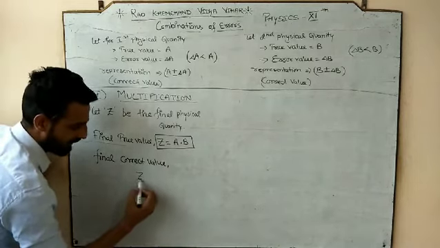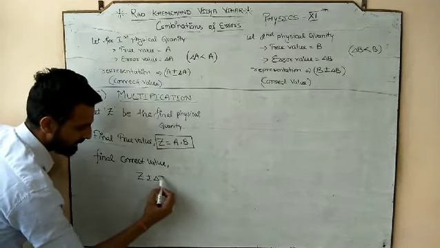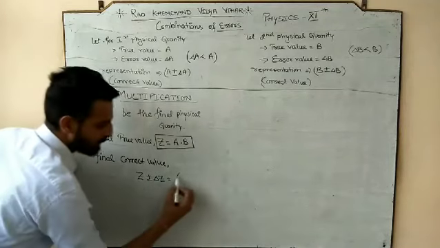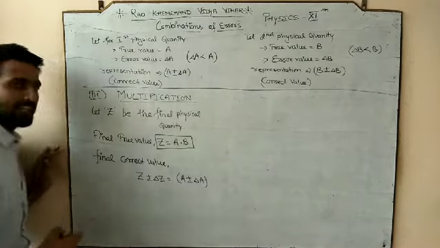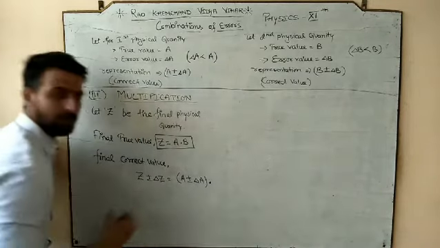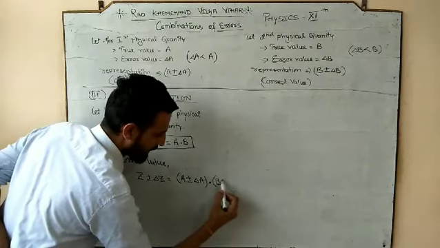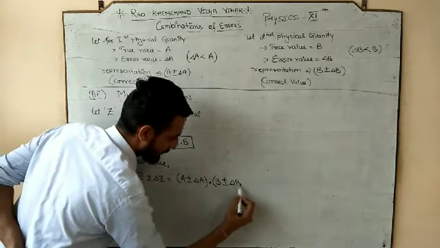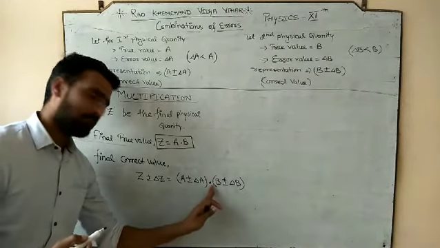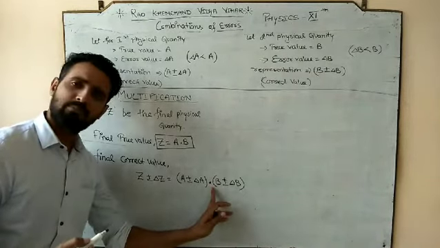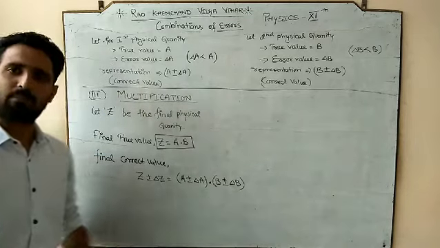So final correct value Z plus minus delta Z is equal to first correct value A plus minus delta A multiplied by B plus minus delta B. So in the first case we applied addition, in the second we applied subtraction, and in the third we are applying multiplication.